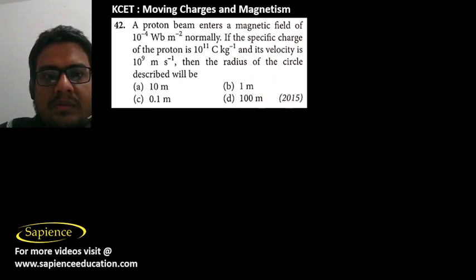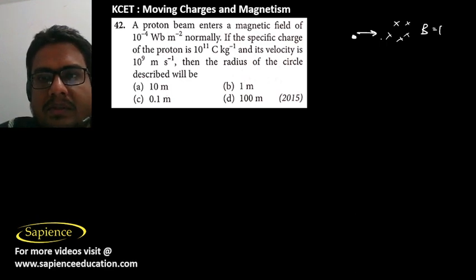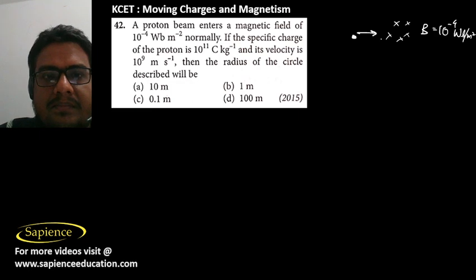Then question number 42. One proton beam enters a magnetic field of intensity 10 power minus 4 Weber per meter square. It enters normally.